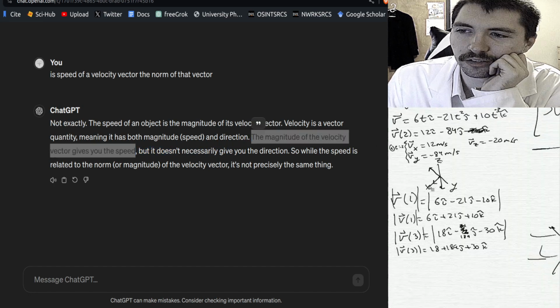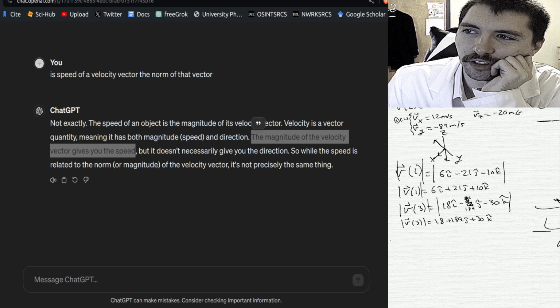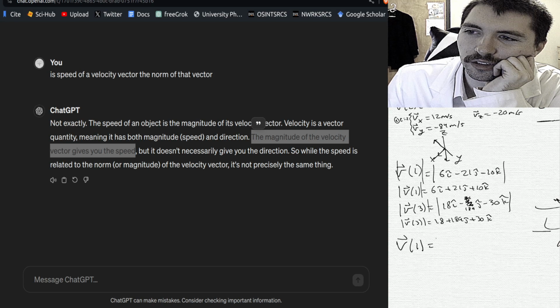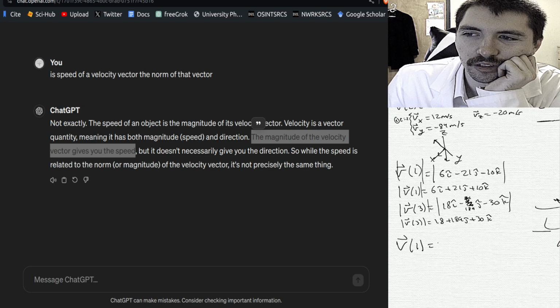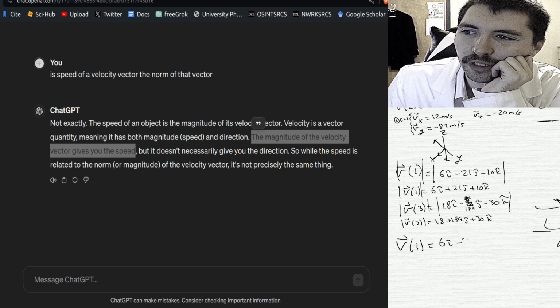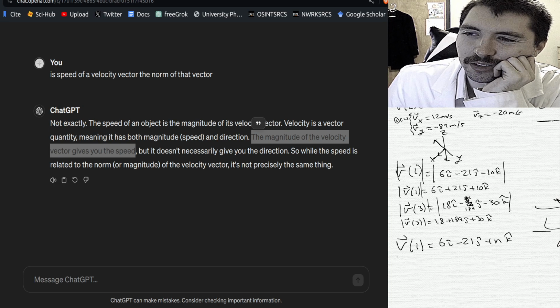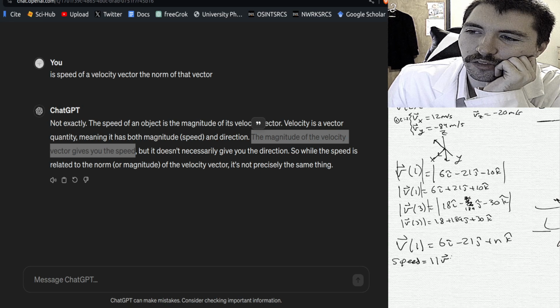Okay, so yes, I get what they're saying. So they're saying v at 1 is, so we don't need the absolute values. When we find v at 1, it's 6i minus 21j plus some number k. Okay, so they're saying the speed is the norm of v1.